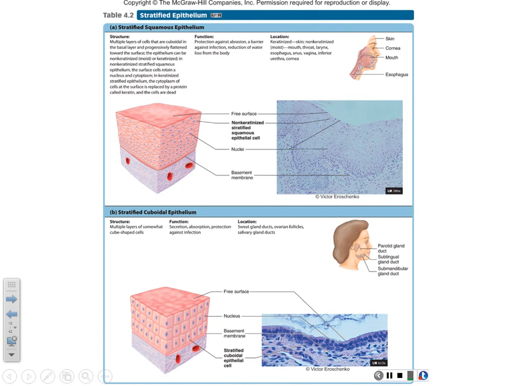All right, and the lining of the vagina, the anus, all that, it's stratified squamous, but they are moist. They are not keratinized. So they could be either keratinized on the skin surface or non-keratinized in the moist surfaces. All right. So a big example is skin. All right, and it's many layers.